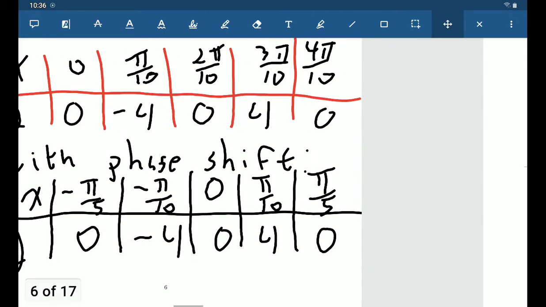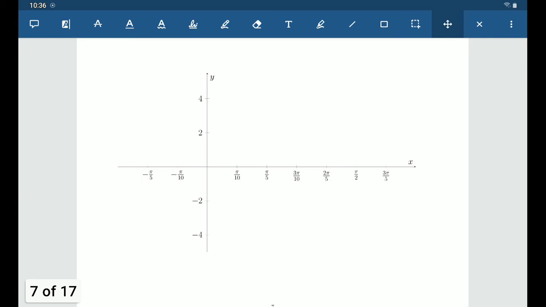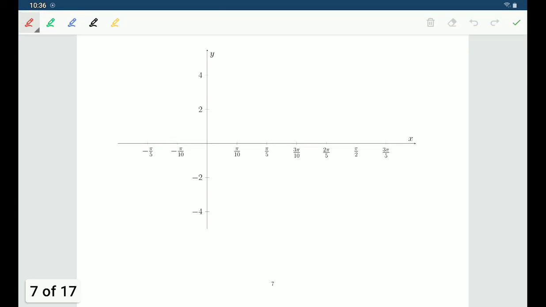So our points begin, and I've already taken the liberty here of making my x-axis and y-axis drawn out with all the tick marks written in. Our y values were to be starting at negative pi over 5 at 0, and then a, which was negative 4, and then back to 0, then negative a, which was positive 4, then back to 0.